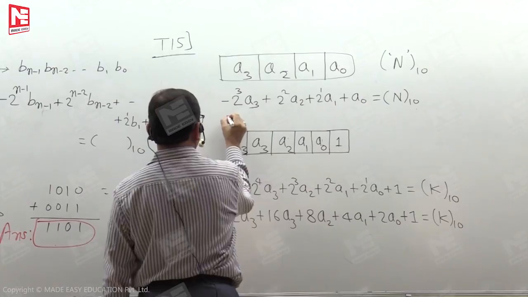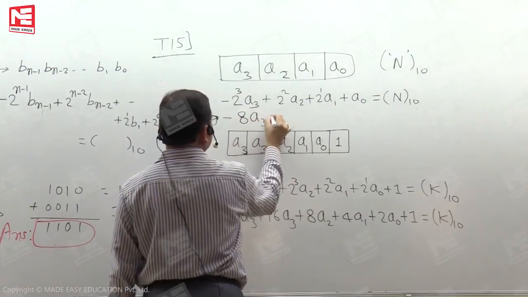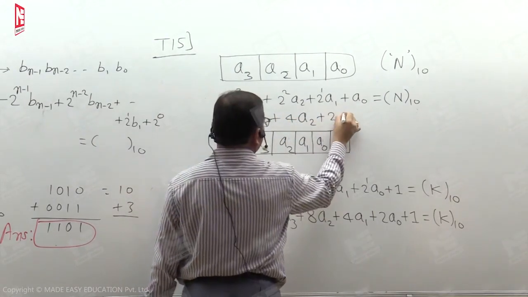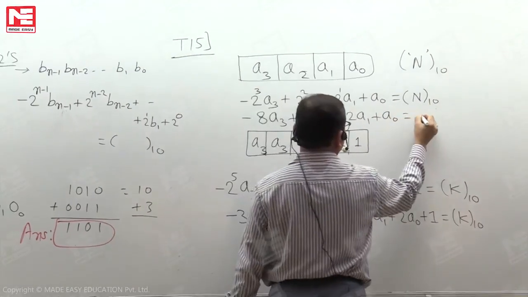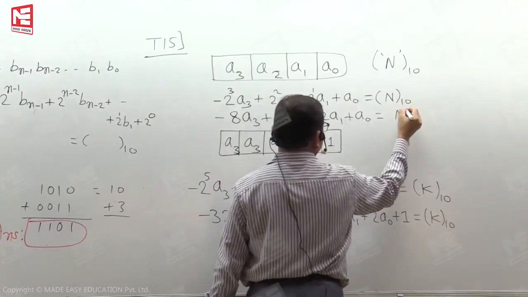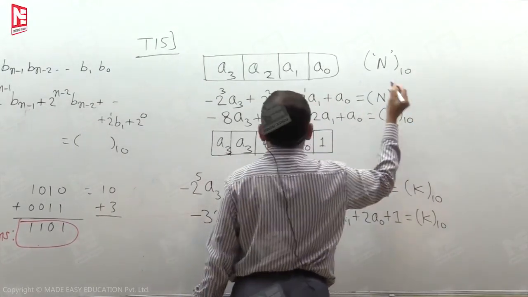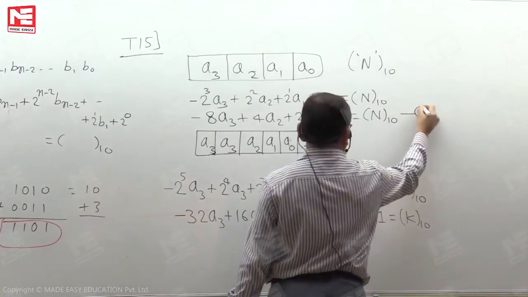In the same way, from the earlier equation, this will be minus 8 A3, plus 4 A2, plus 2 A1, plus A0, equal to n. Let me name this equation 1.